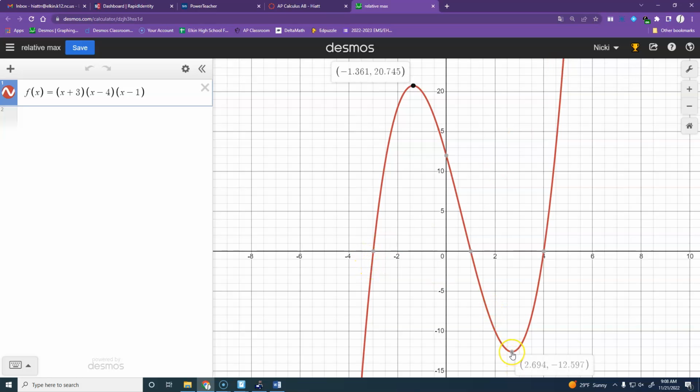And if I look at an interval, say even from like -2 to 4, this is my lowest point from -2 to 4, or from 0 to 4, or 2 to 3.5, right? So it's not a certain interval, but there is an interval somewhere where this is my lowest point. So that is called a relative minimum, but it is not the absolute minimum because I've got points lower over here.